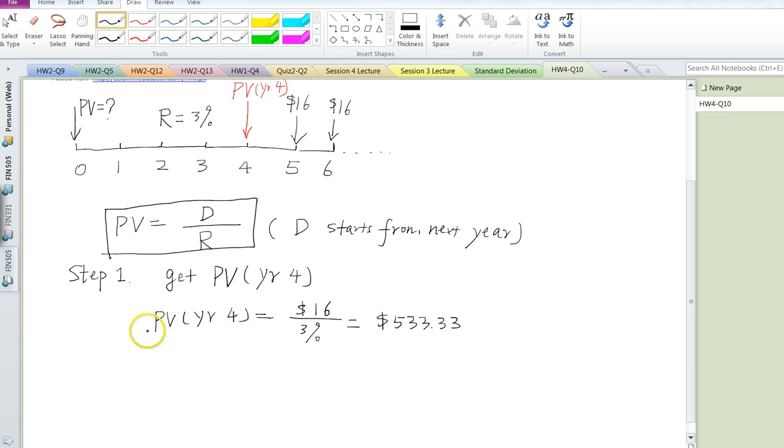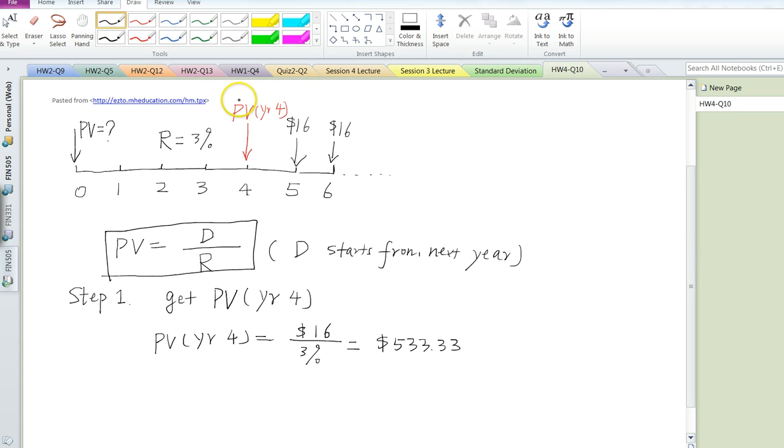So again, we are not done yet. We just calculated basically the present value in terms of year 4. But what we need is right here. So then we have to use another step. Step 2, get the true present, so that's in terms of year 0. Once we have this present value in terms of year 4, relatively speaking, the present value in terms of year 4 becomes the future value.